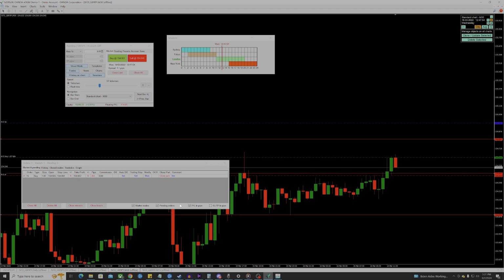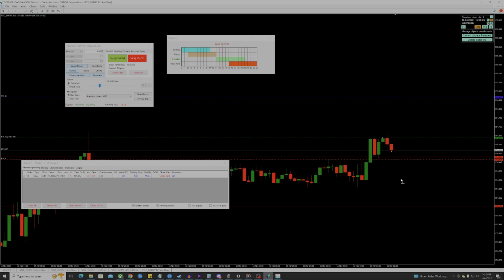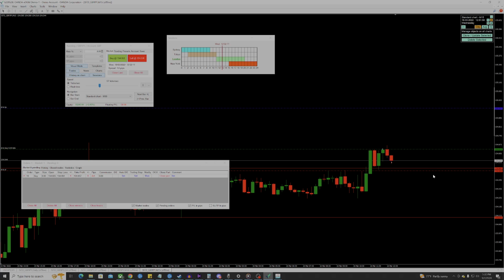See how the 30 looks. That's pretty strong. Let's close 50% on this one. Watch what happens. If we break this high, we'll add a percent back.